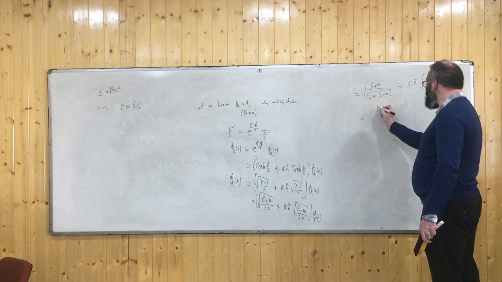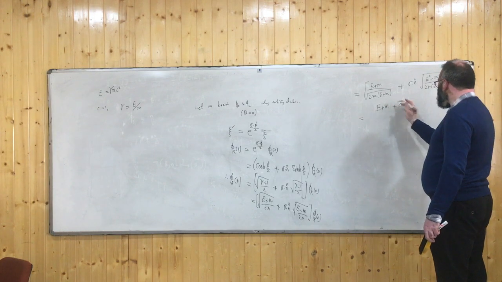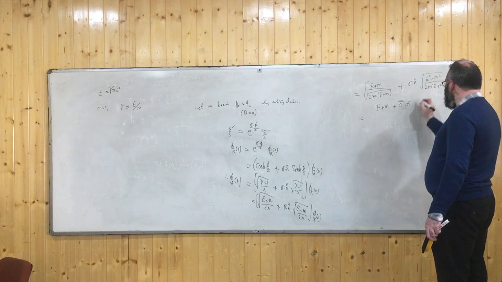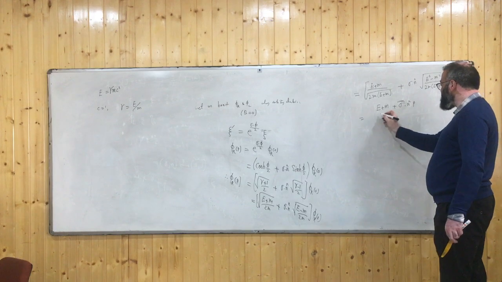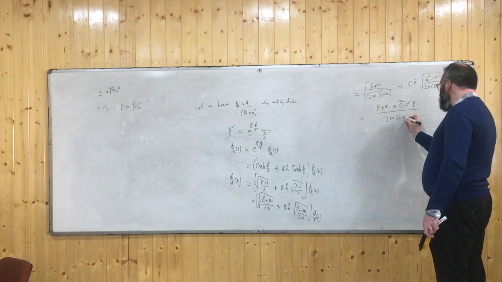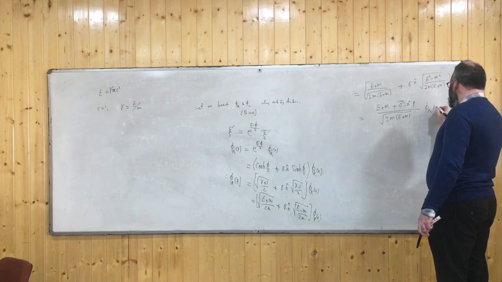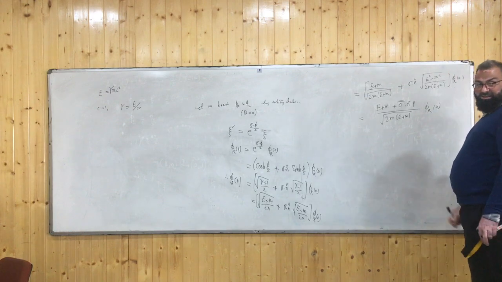In the numerator I have E plus m plus sigma dot n times the magnitude of p, divided by root of twice m into E plus m.